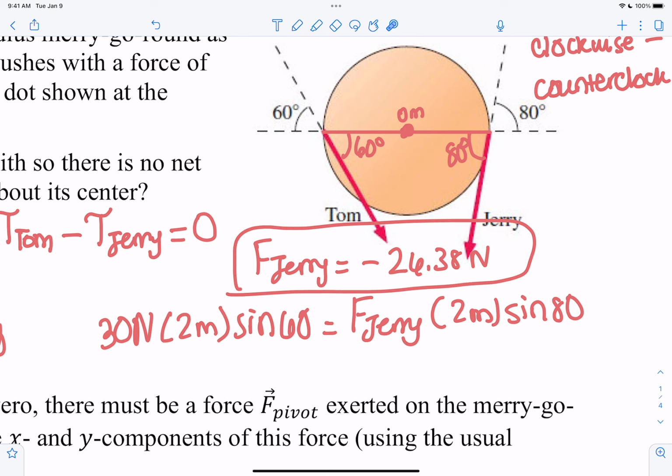But since they're both applying a force downward, or they have a component of their forces downward, this might be like a negative 20 Newton, for example, and this might be negative 10. So there's a net negative 30 Newtons, for example, downwards along the negative y-axis, right? So we must theoretically have another force directed at the pivot here that would cancel out those forces. So it must be, for example, a positive 30 Newton force to cancel out the negative 30 Newtons.